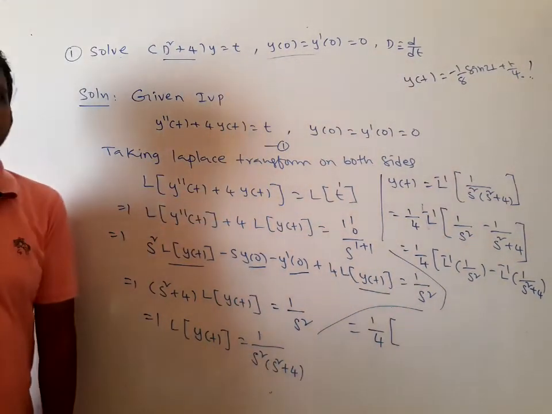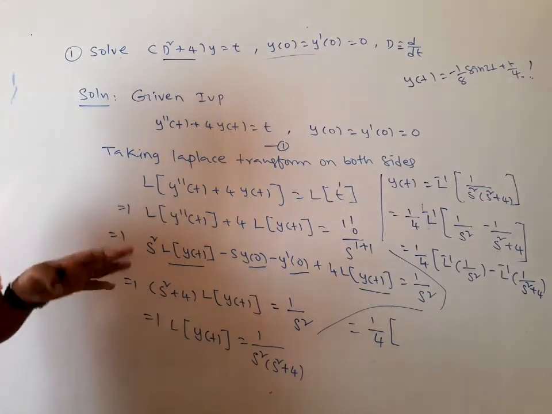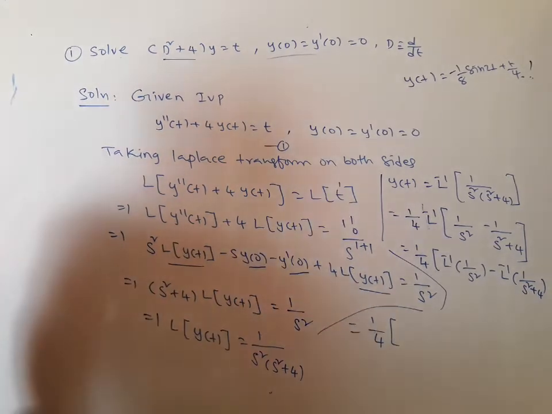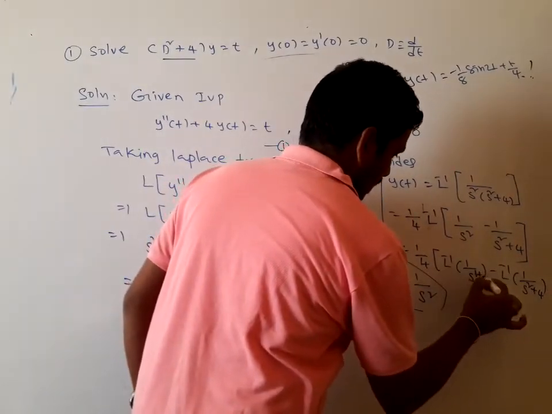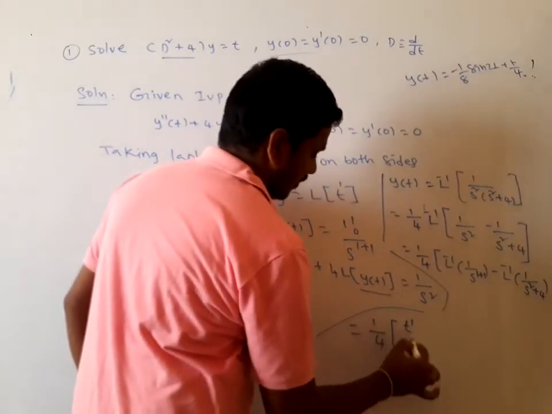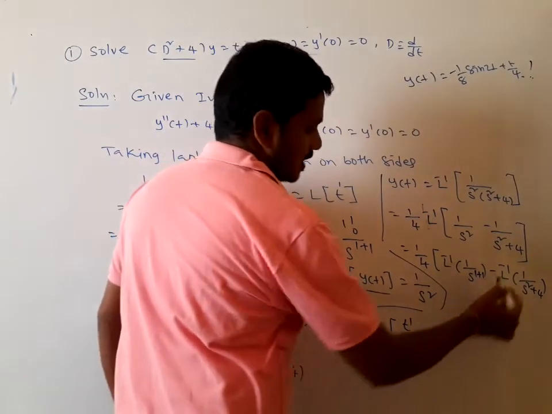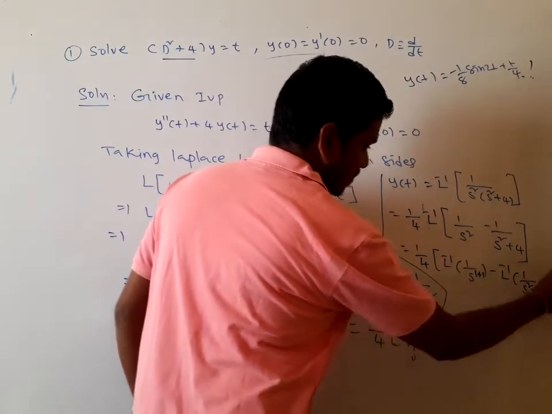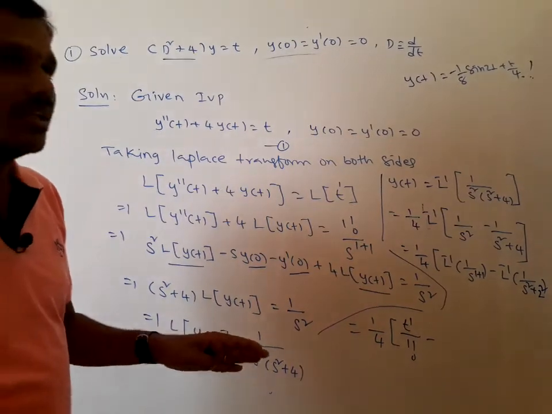L inverse of 1 by s square can be written as L inverse of 1 by s to the power of n plus 1, which is equal to t to the power of n divided by n factorial, n being a positive integer. Yes, s to the power of 2 can be written as s to the power of 1 plus 1. So t to the power of 1 divided by 1 factorial, minus L inverse of 1 by s square plus 4, which can be written as s square plus 2 square. L inverse of 1 by s square plus a square is 1 by a into sin at.